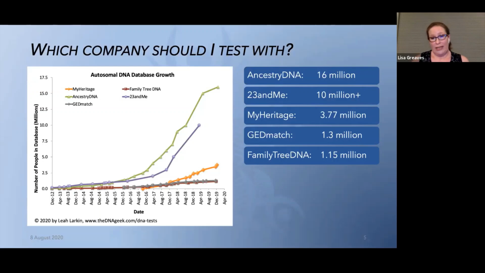So now Family Tree DNA and GEDmatch have a permission slip that you have to sign if you want your DNA to be shared or not. But unfortunately, Family Tree also got caught opting you in instead of opting you out. So if you didn't check the permission slip, you would just be automatically opted in, and that rubs some people the wrong way. I think that's why they're not performing as well as the other companies.